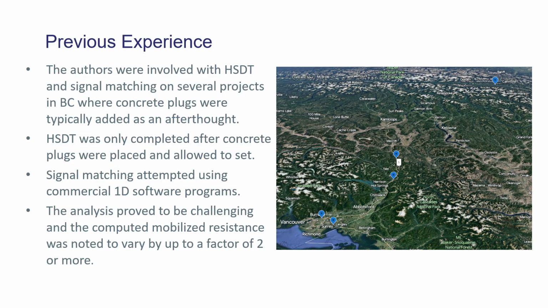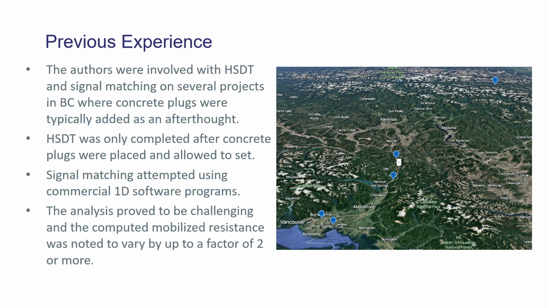But often what happens is we're only testing the piles after the concrete set, so we don't really have a good feel for what the expected behavior would be without the plug. And if we take this data, and we have this big effect of that change of impedance, it's difficult to separate the effect of the impedance change from the soil response along the shaft, right?